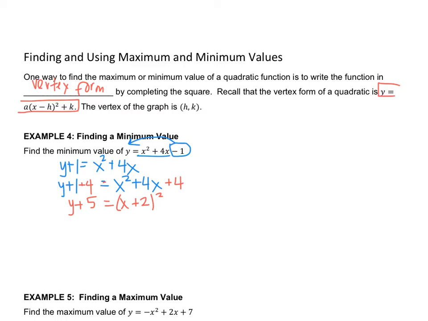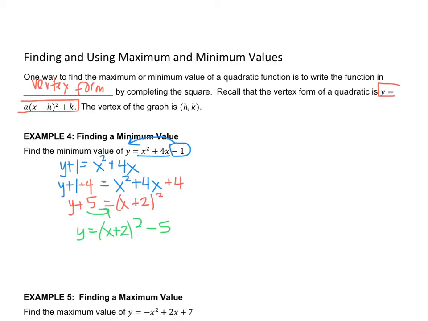Remember, the half of the b term is the number. Now what I can do is add that 5 back over, and now I have it written in my vertex form. So it'll be y equals x plus 2 squared minus 5, right? Because when you bring it over, it's minus.